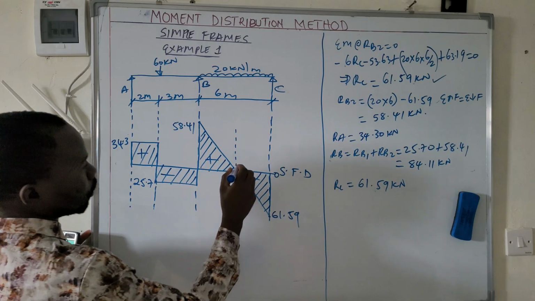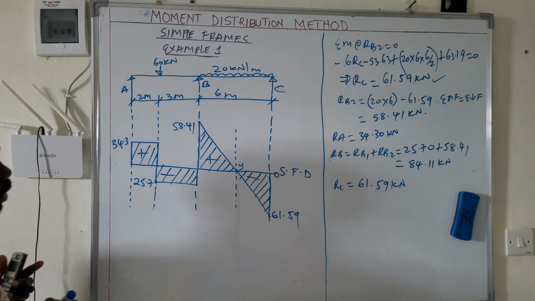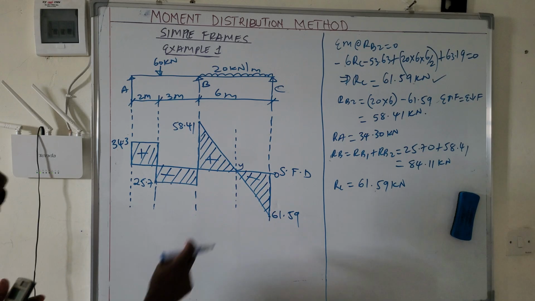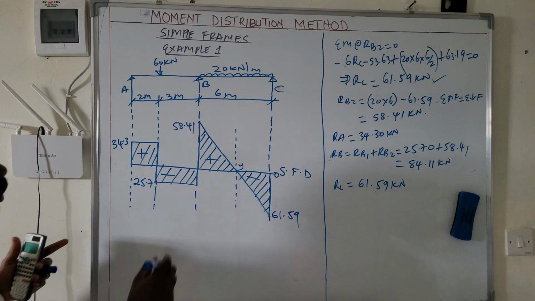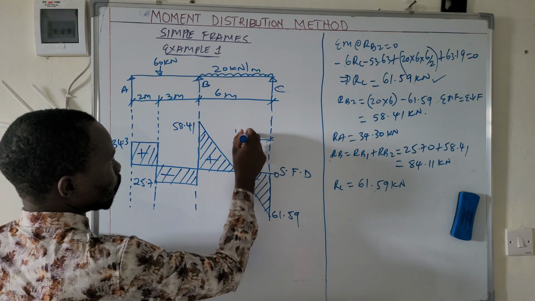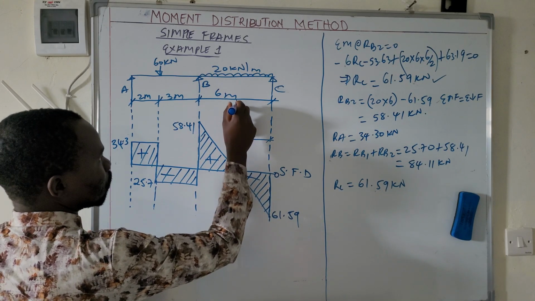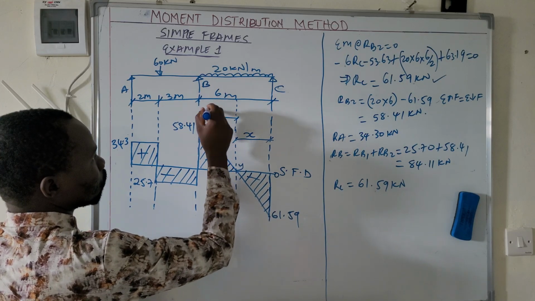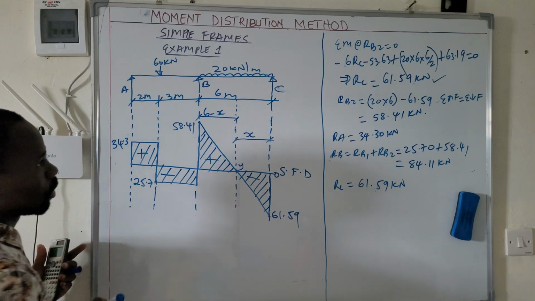So this is point Y, and this point is very important because it gives us the maximum bending moment. So we have to determine this distance. So this is X, and this one will be 6 minus X.